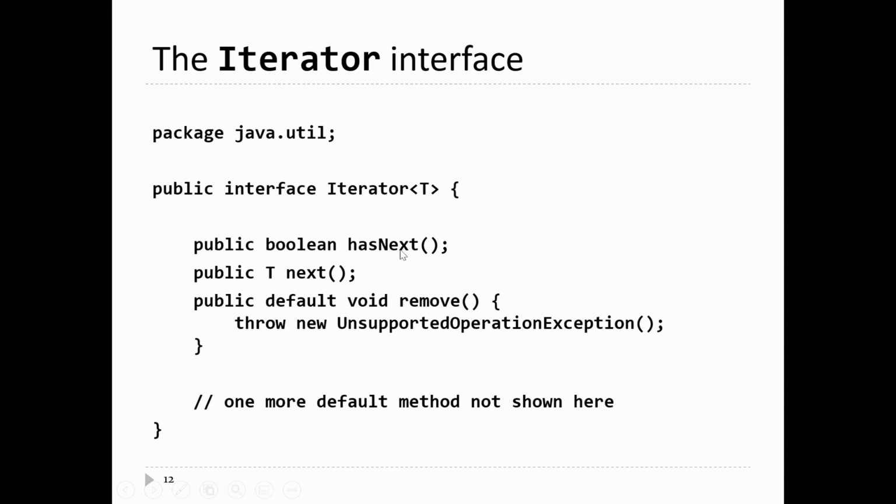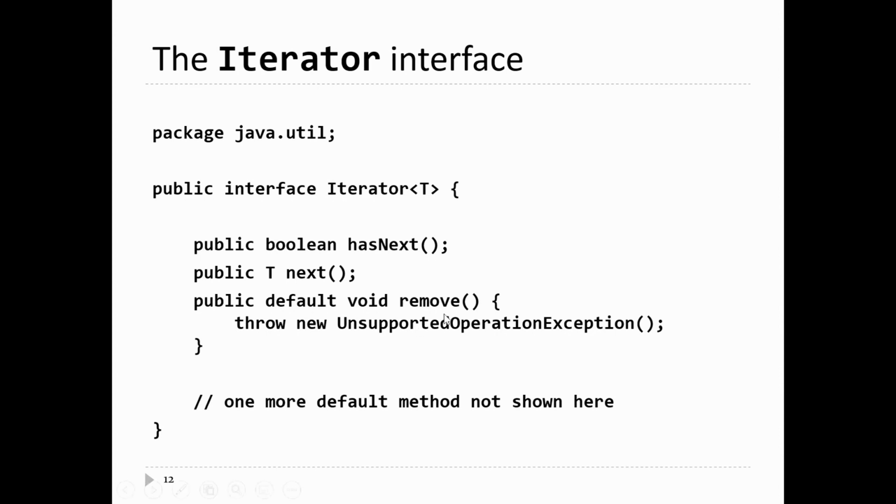Okay, so has next should return true if there are still some more elements in the sequence to visit. It returns false if there aren't. So if the iterator makes it to the end of the list, then has next should return false. If the list has no elements, then has next should return false. Next returns the next element in the sequence and moves the iterator over one position.